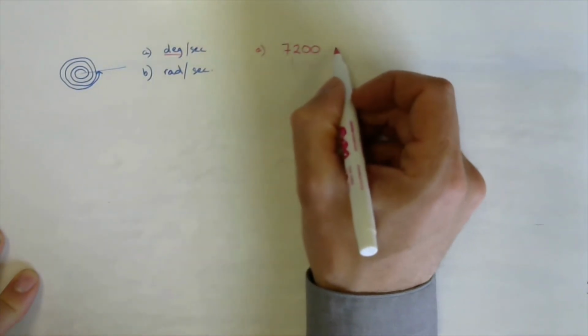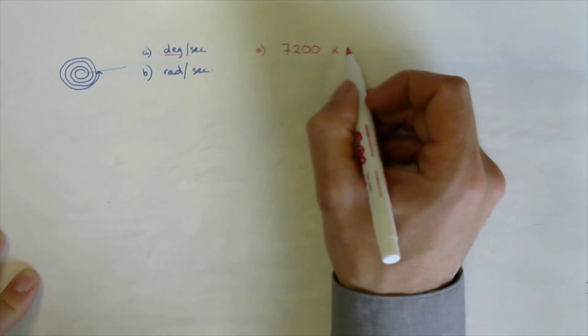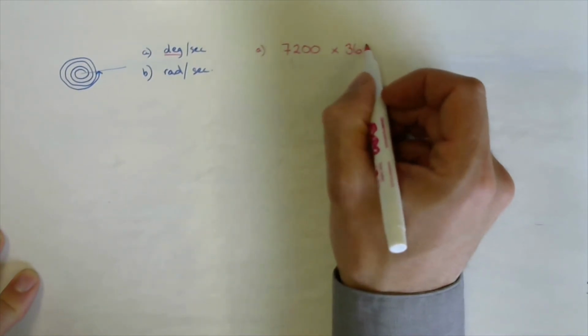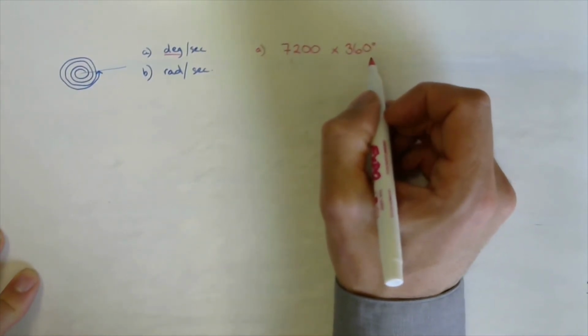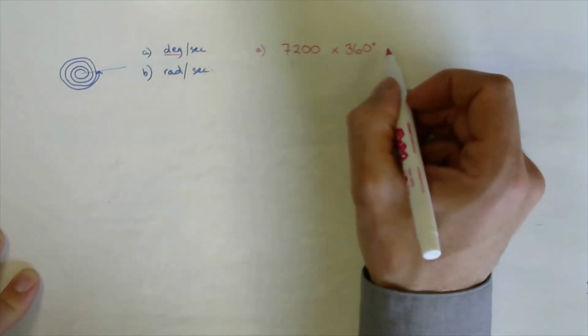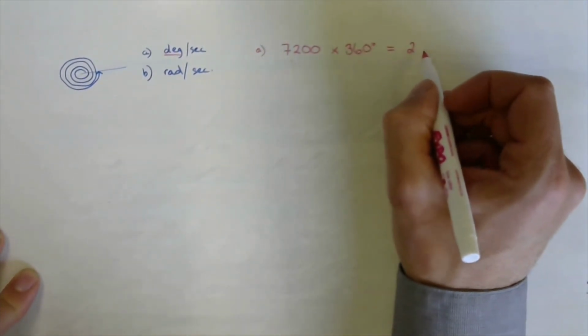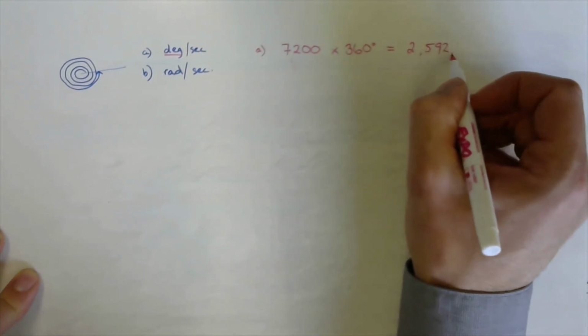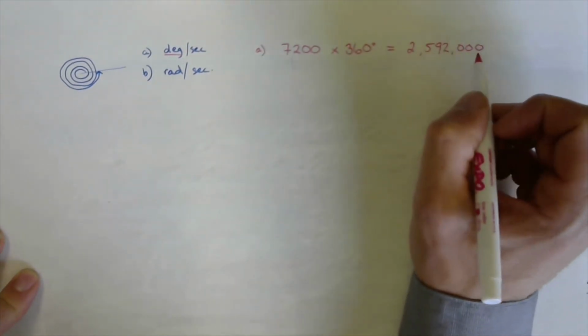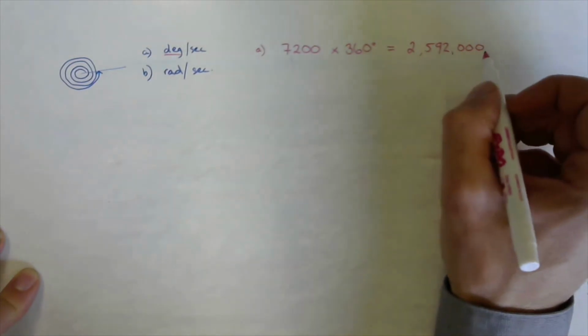How many degrees in a revolution? 360. 360 degrees per revolution. Multiplying gets you 2,592,000 degrees in 1 minute.